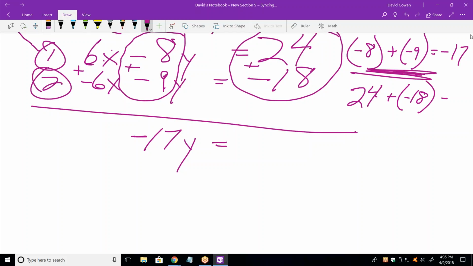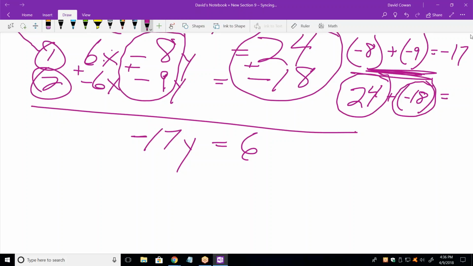That's the problem right there. It would be negative 6. Not negative 6. 24 is the bigger number and it's positive. 8 is the smaller number and it's negative.